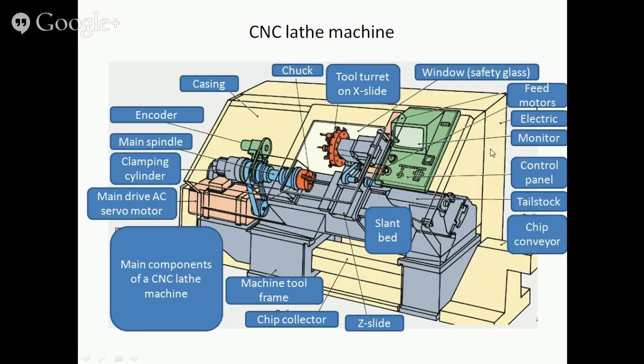We have got a cabinet for electric components. There is a monitor for data display and a control panel for data input and machine manipulation. The tailstock is here, also mounted on the slant bed, so that we can turn long cylindrical parts.